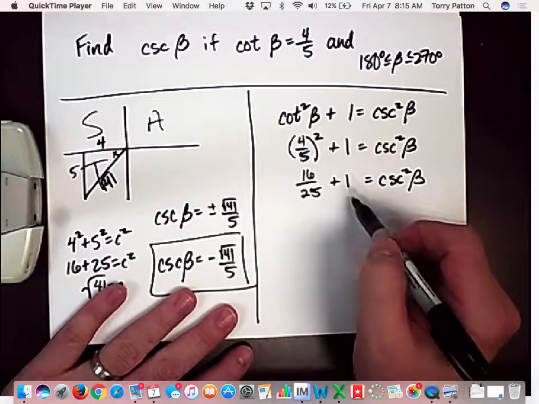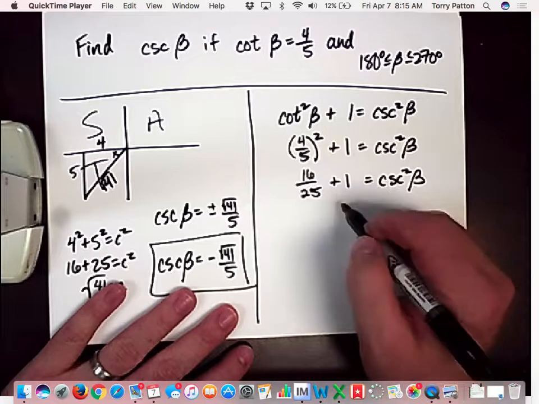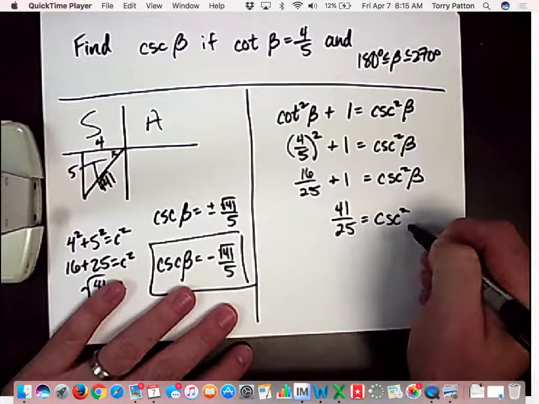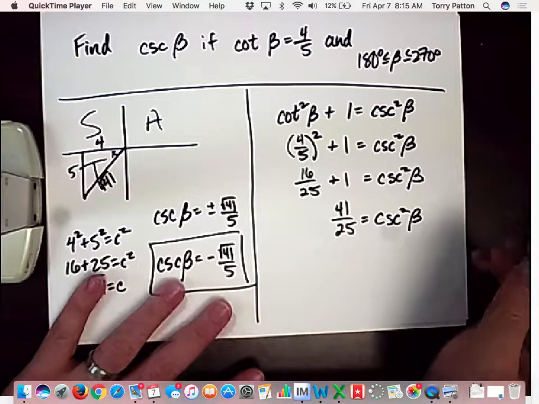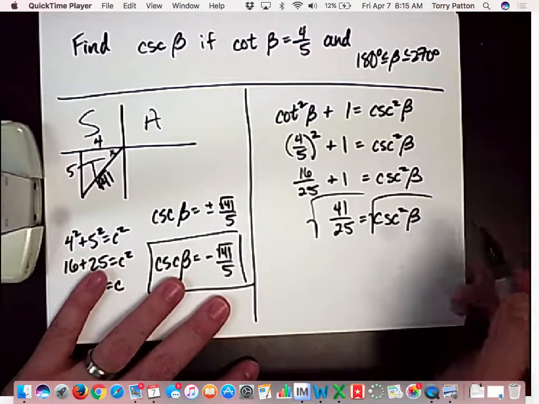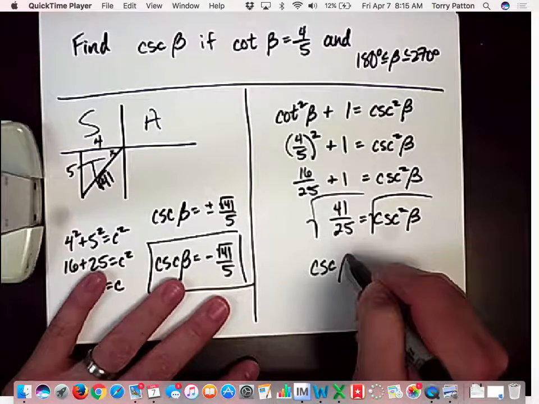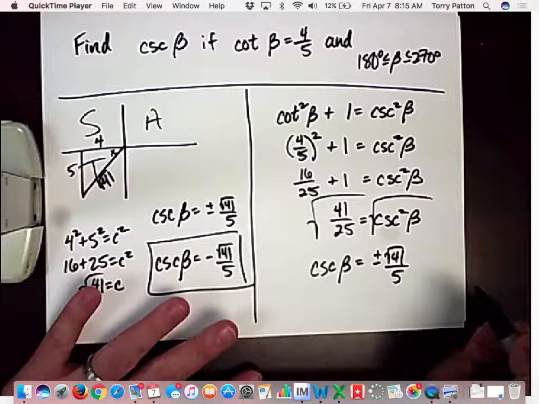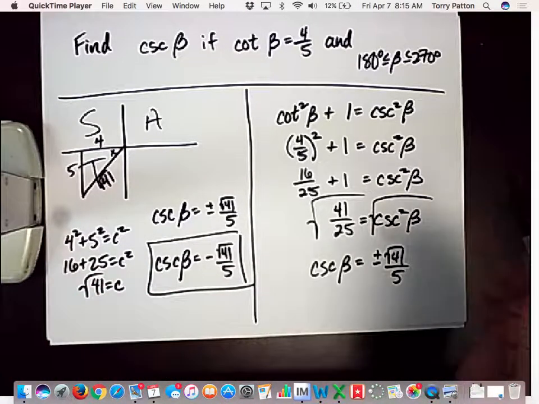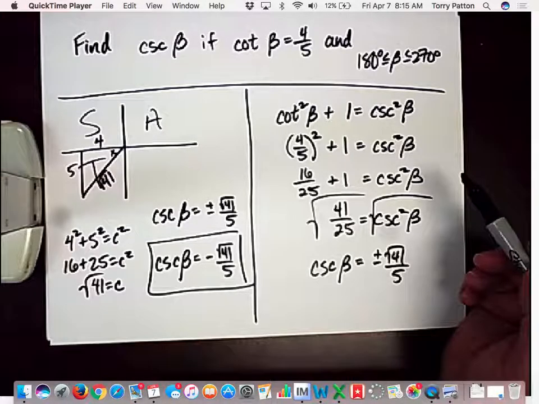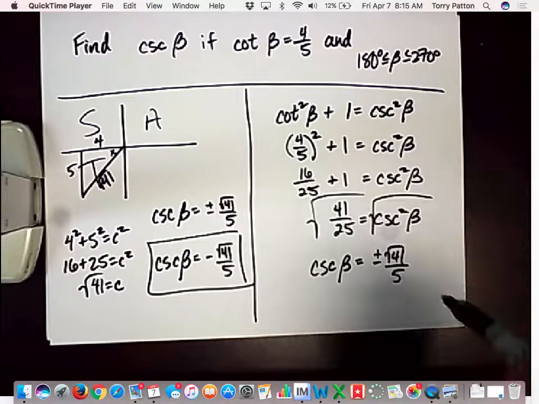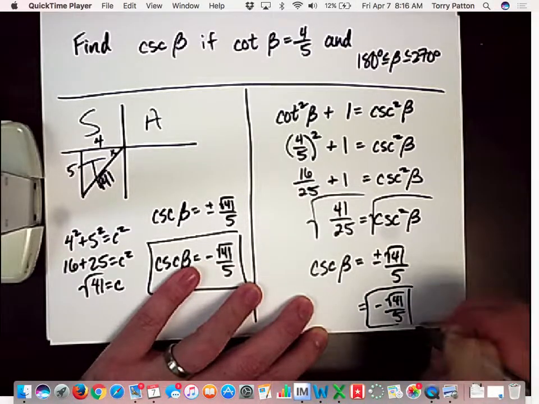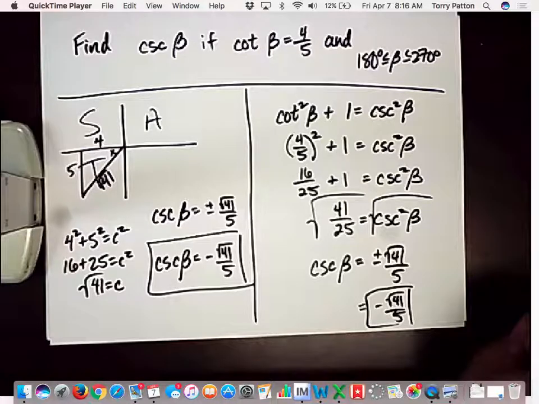Well, that's 25 over 25, so if you add those, you get 41 over 25 is cosecant squared beta. If you square root both sides, you've got cosecant beta is plus or minus the square root of 41 over 5. Then you just have to decide if it's positive or negative. It's in the third quadrant, so it's negative. Get the same answer. Okay?